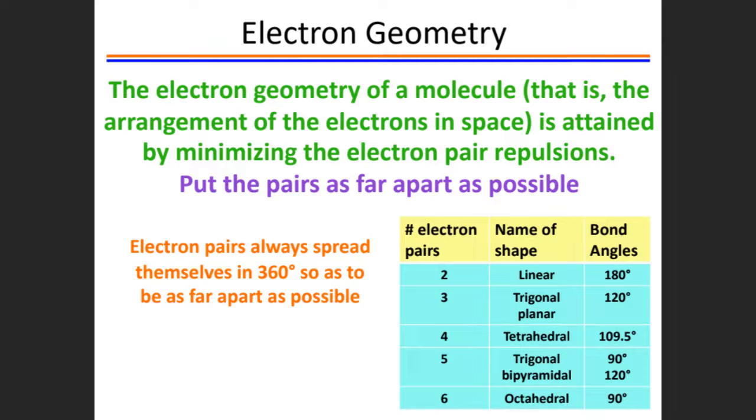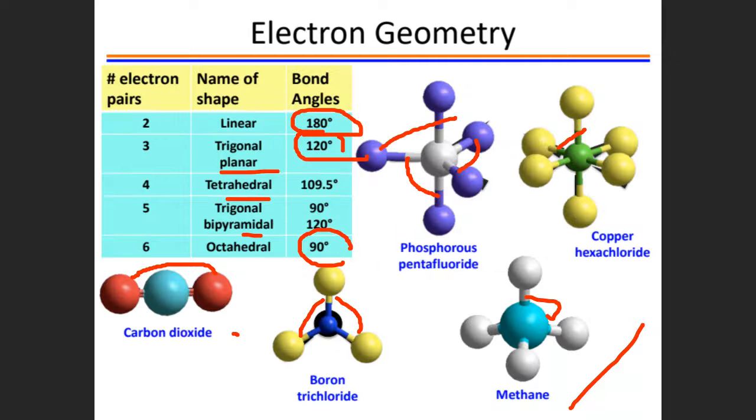The electron geometry of a molecule, that is the arrangement of electrons in space, is attained by minimizing the repulsion between pairs. So when we draw, we try to keep them as far apart as possible. These are specific, fixed shapes, and most compounds come within these shapes.